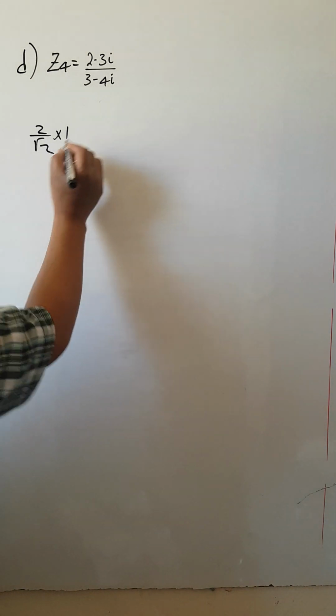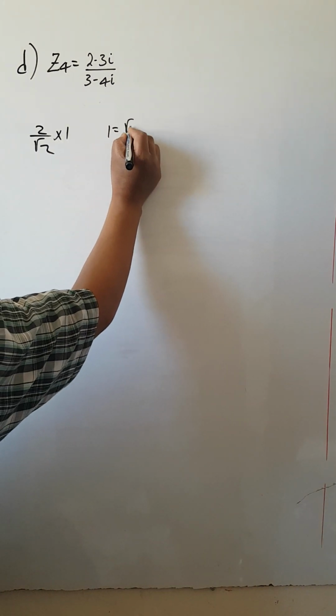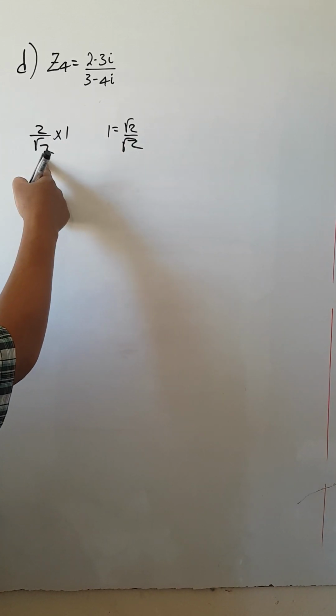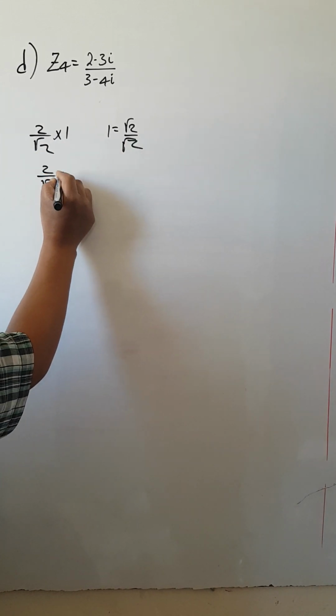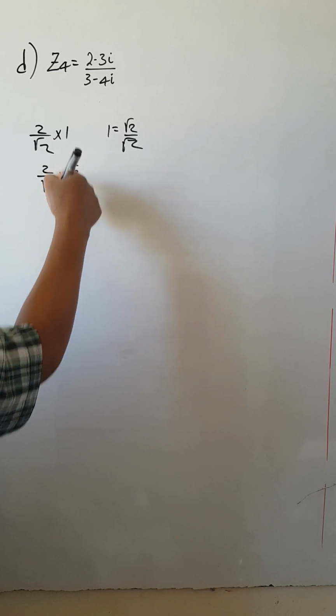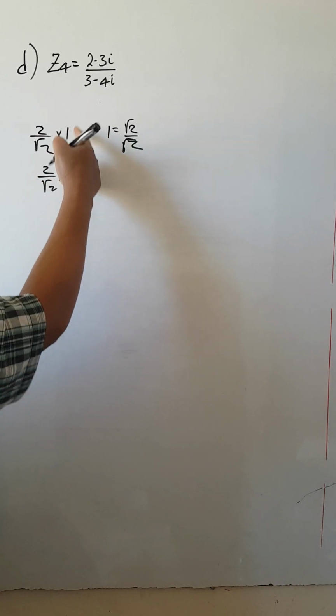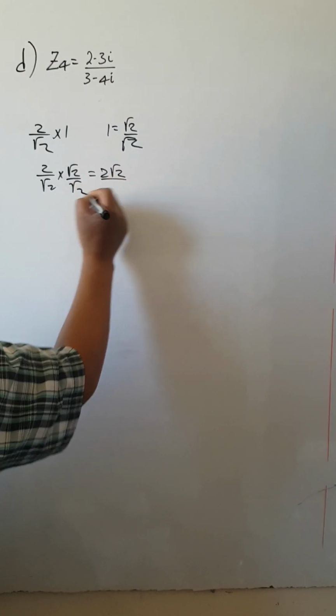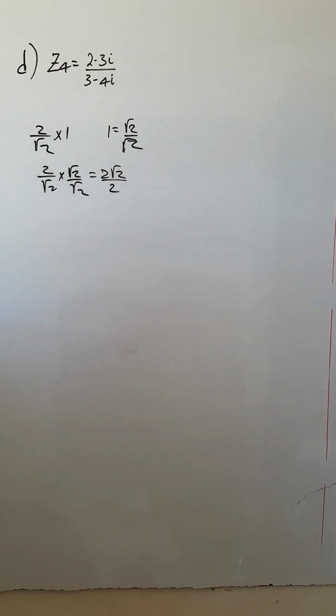So 2 over root 2 times root 2 over root 2, which is 1 and has no change on the number, is going to be 2 root 2 divided by 2. This is in the real world.